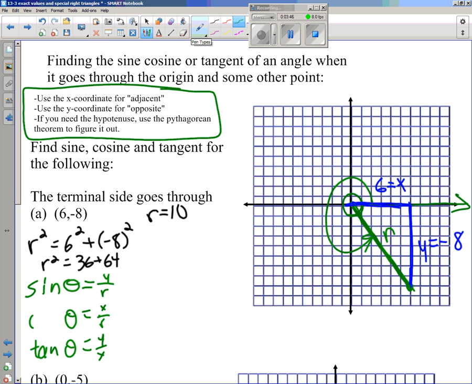Alright? So anyway, sine is y over r, which is -8 over 10, so -4/5. You should always reduce these. Okay, cosine is 6 over 10, 3 over 5, and the tangent is negative, it's y over x, so it's -8 over 6.